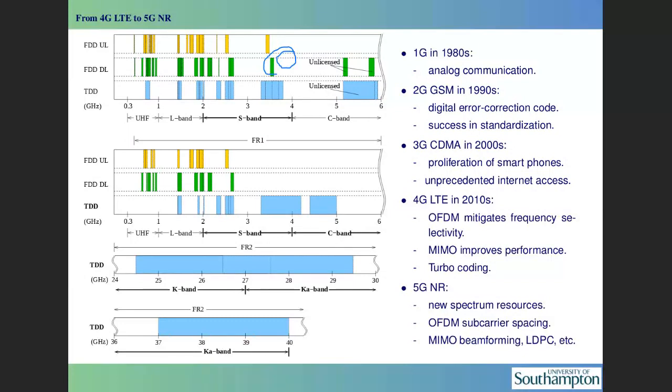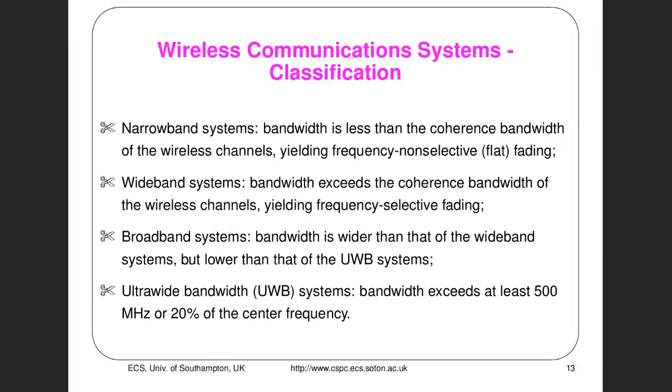So coherent bandwidth defines a frequency band over which the fading is considered constant. It doesn't change.